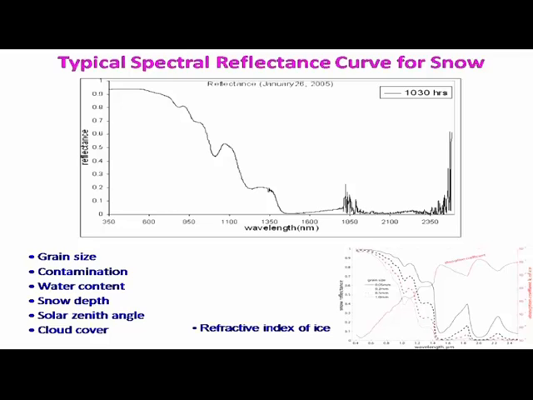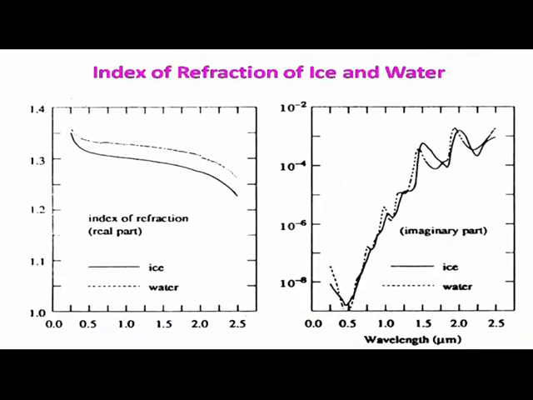In the NIR region you will find maxima at 1100, 1300, 1900 and 2200 nanometer range, and these maxima correspond to minima from absorptions here, and these minima can be explained by the refractive index of ice. So these minima correspond to absorption.